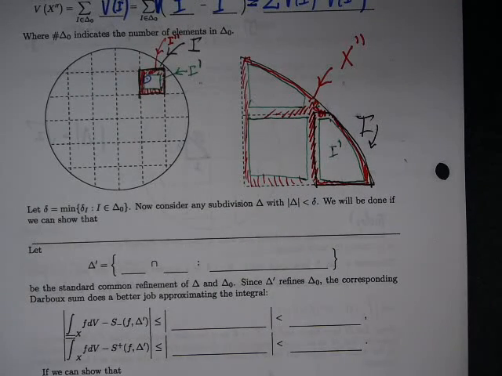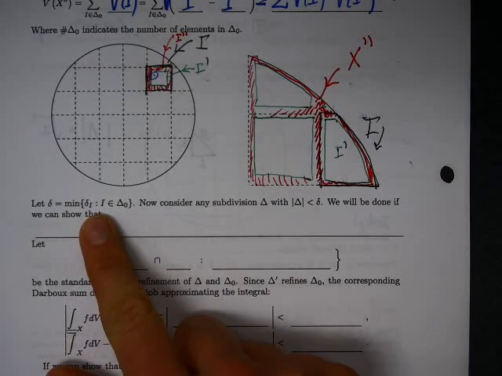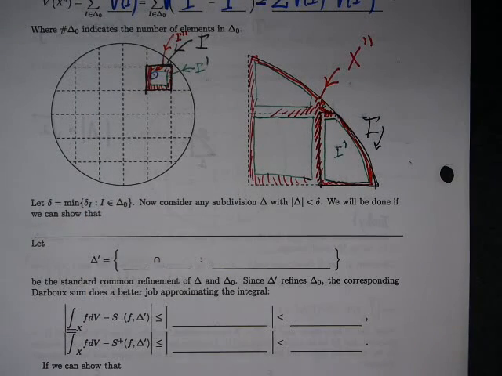Now each of the I's has gotten a different choice of delta. Even if you don't know how the proof is going to go, you know what to do whenever you see a bunch of different positive deltas and you need to use all of them: take the smallest one. They're only finitely many, so you can take the min. So it's the delta that is the min of all these delta I's such that I is in delta 0.